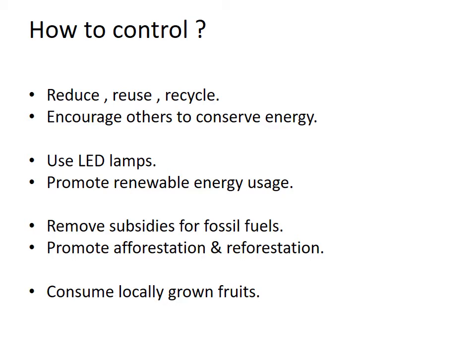Promote renewable energy usage, renewable sources of energy like solar energy, wind energy, etc. Remove subsidies for fossil fuels. Promote afforestation and reforestation programs, that is, we can plant trees. When we cut one tree, we should plant two trees. Consume locally grown fruits.